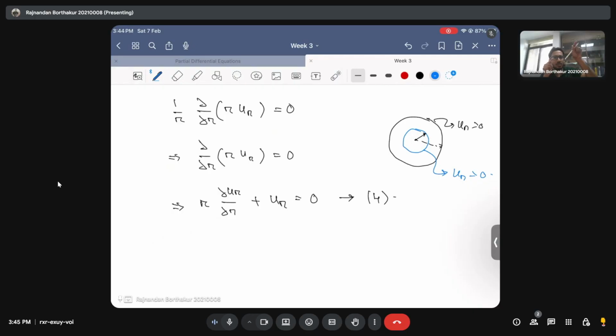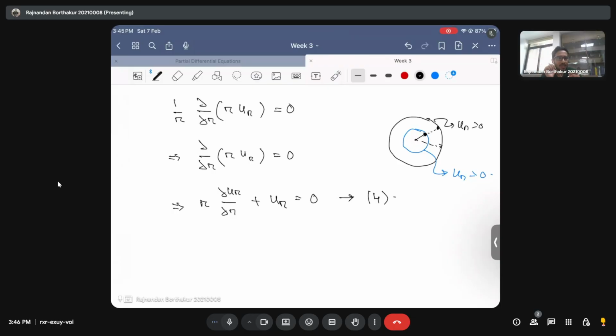My fluid cannot have a radial velocity at the interface of the two cylinders, because these cylinders are non-porous, or solid cylinders typically. If my u_r is 0 at this point and this point, and I don't have any actuating mechanisms which can generate a non-zero u_r inside the fluid, this then means that at each and every point in the radial space, my u_r is just going to be equal to 0.